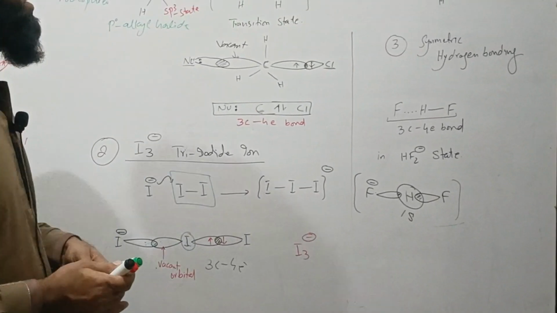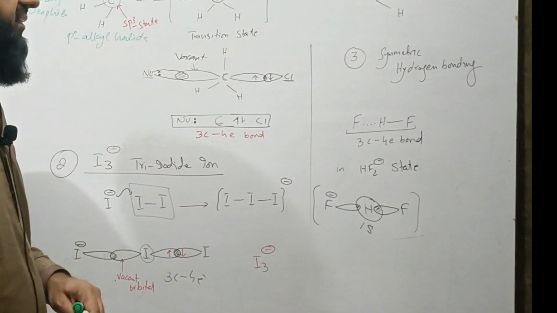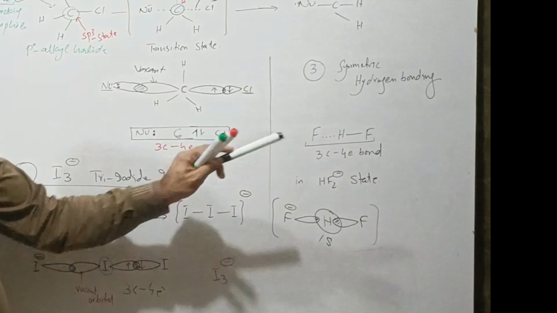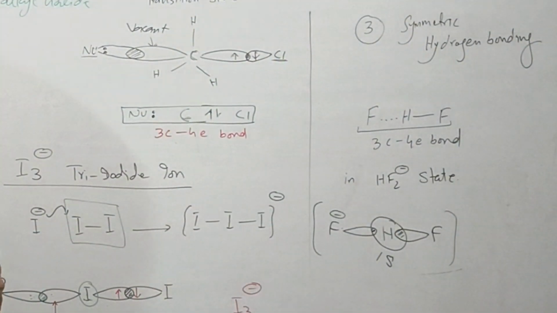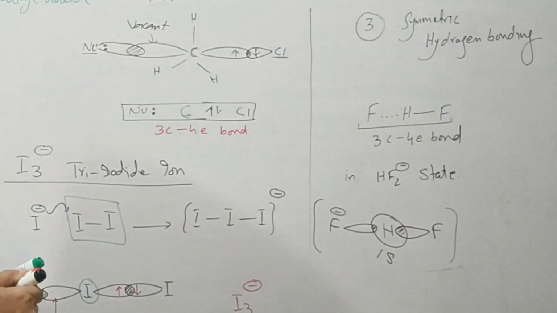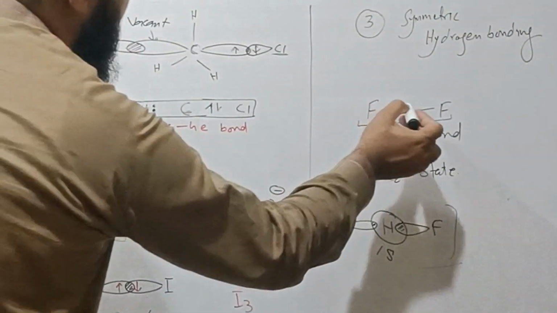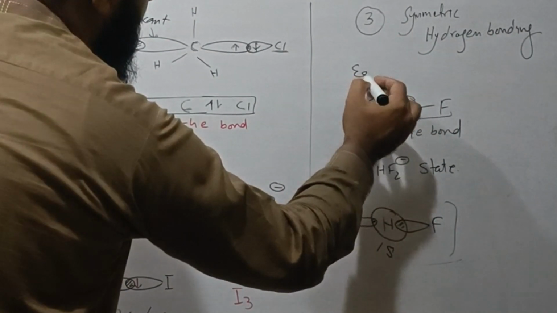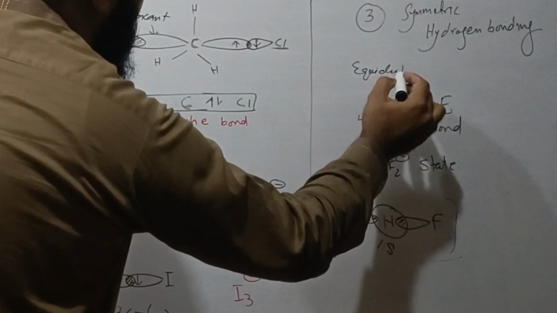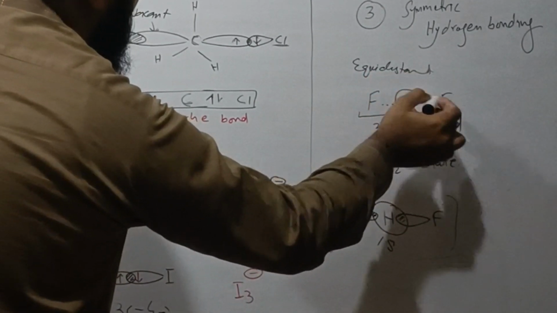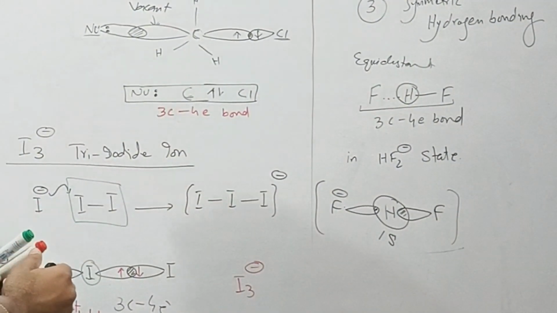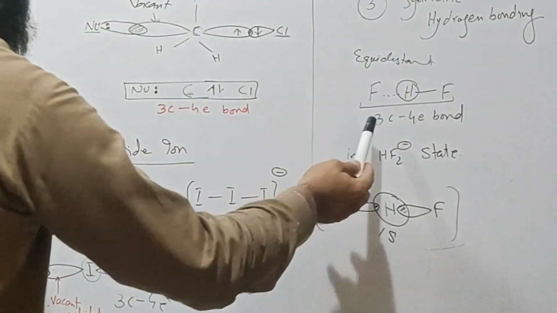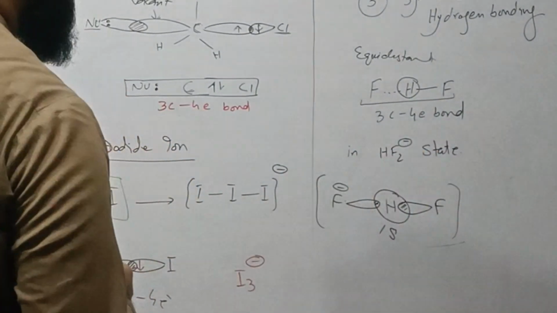This type of bonding is also obtained, and that type of bonding can explain symmetric hydrogen bonding. In many of the hydrogen bonded structures, hydrogen is present equidistant from both electronegative elements, and that can be explained only on the basis of a 3-centered 4-electron bond.